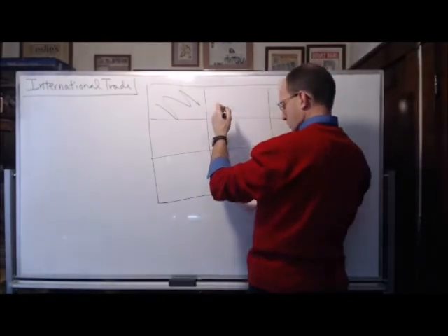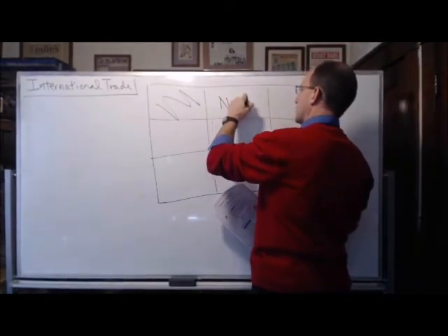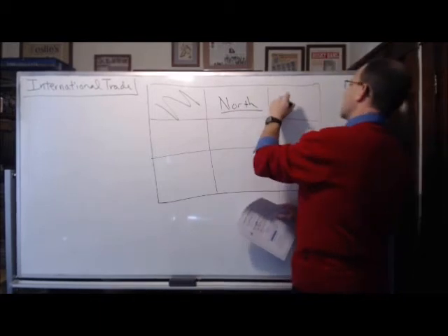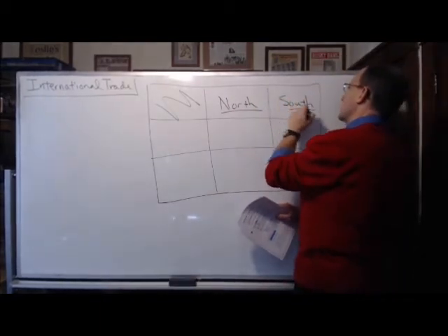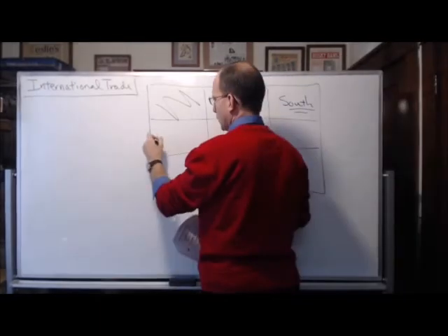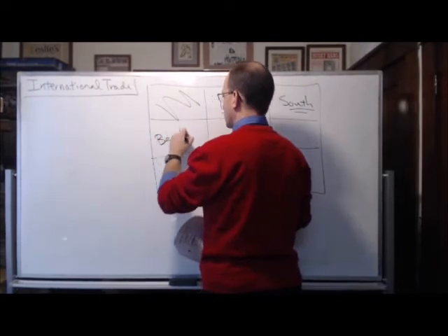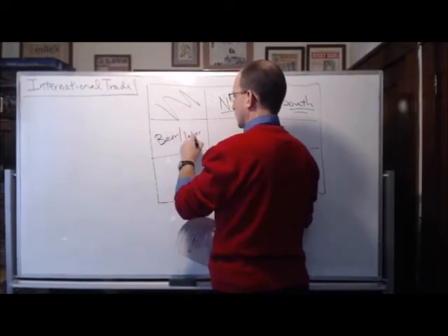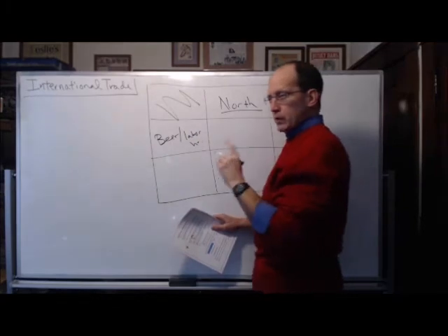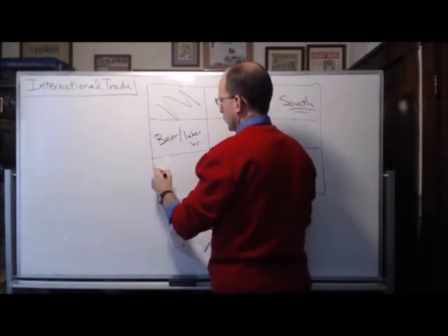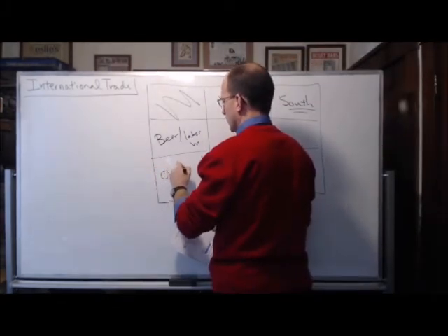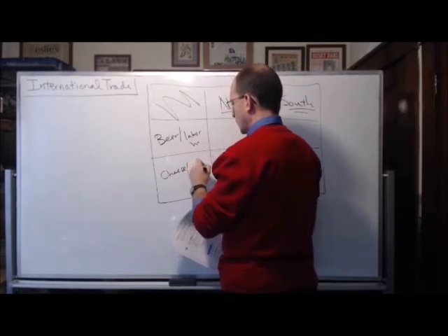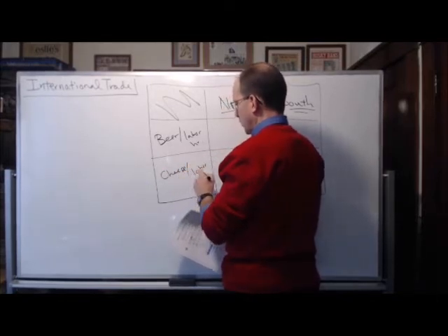So we've got a situation where we have the North country shown in this column and the South's production possibilities shown in this column. First of all, we're going to look at how many units of beer they can produce per labor hour, for 1 hour of labor. And then how much cheese could be produced per labor hour.